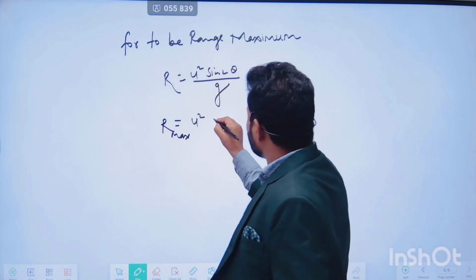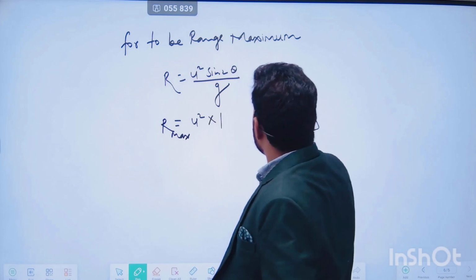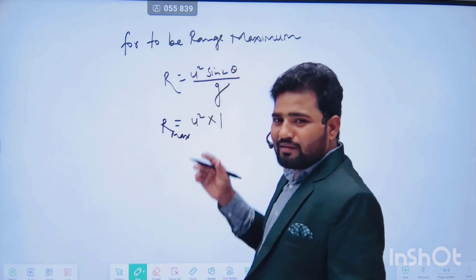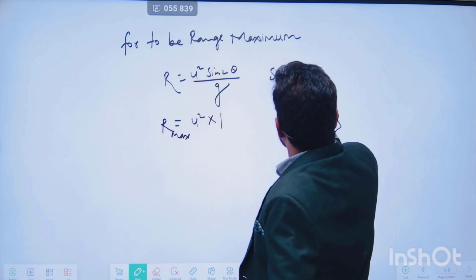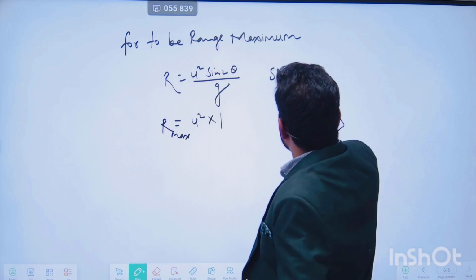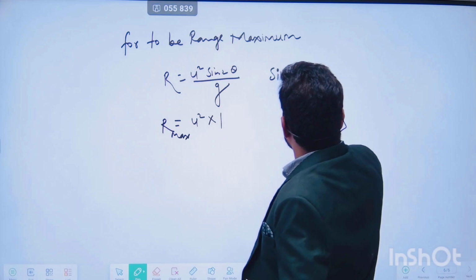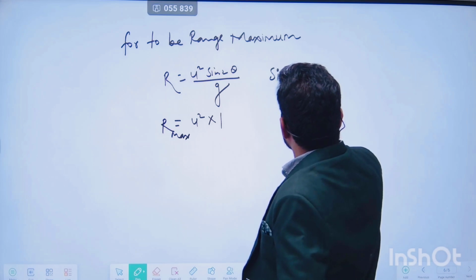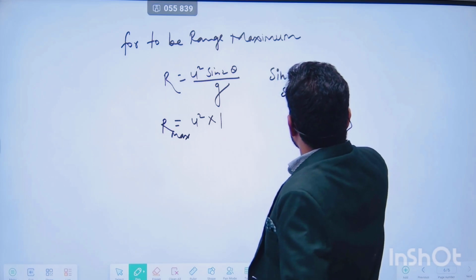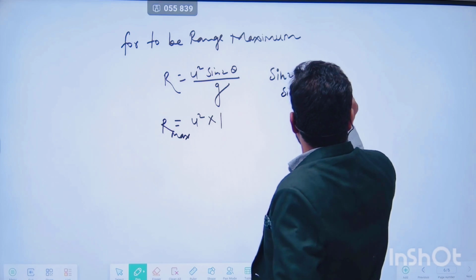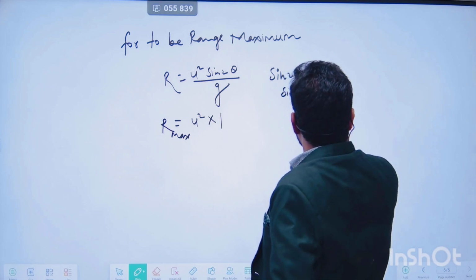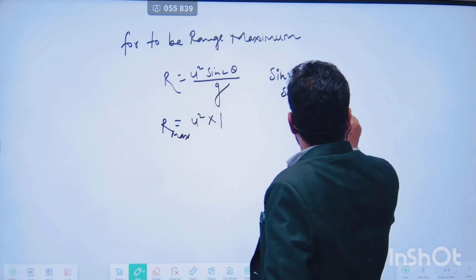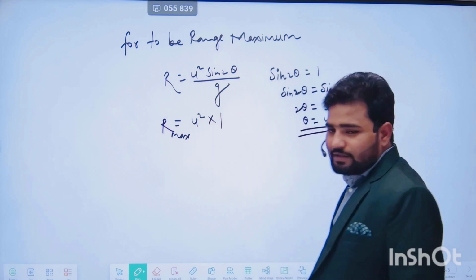Sine 2 theta we can take as 1 here because sine can hold the maximum value, that is 1. So sine 2 theta is equal to 1 means sine 2 theta is equal to sine of 90, 2 theta is equal to 90, theta is equal to 45.